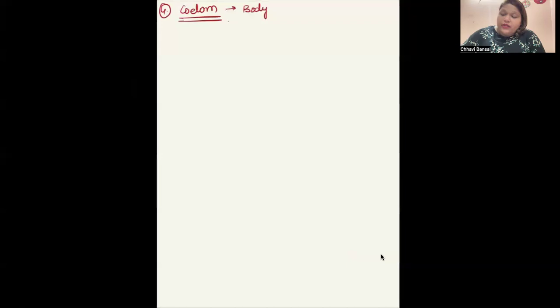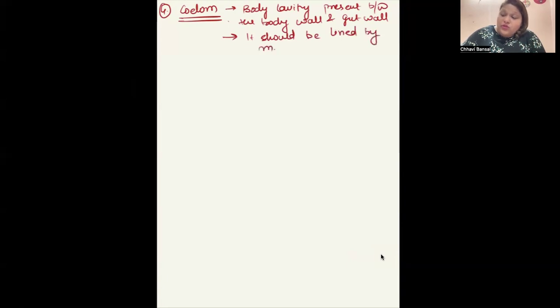The body cavity present between the body wall and gut wall. This is the first condition for coelom. Second condition, it should be lined by mesoderm.